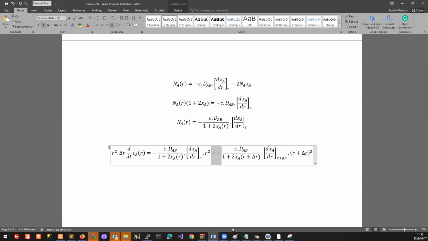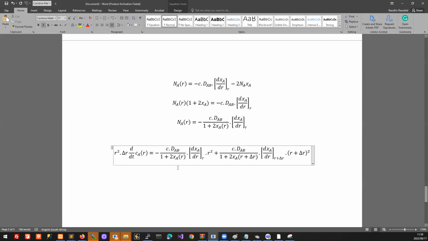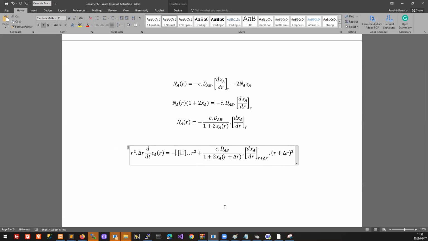This we can say is a plus. And what we want to do as before is write all of this as a function of r. So let's just copy this part out to here. Then we'll stick all this in here.